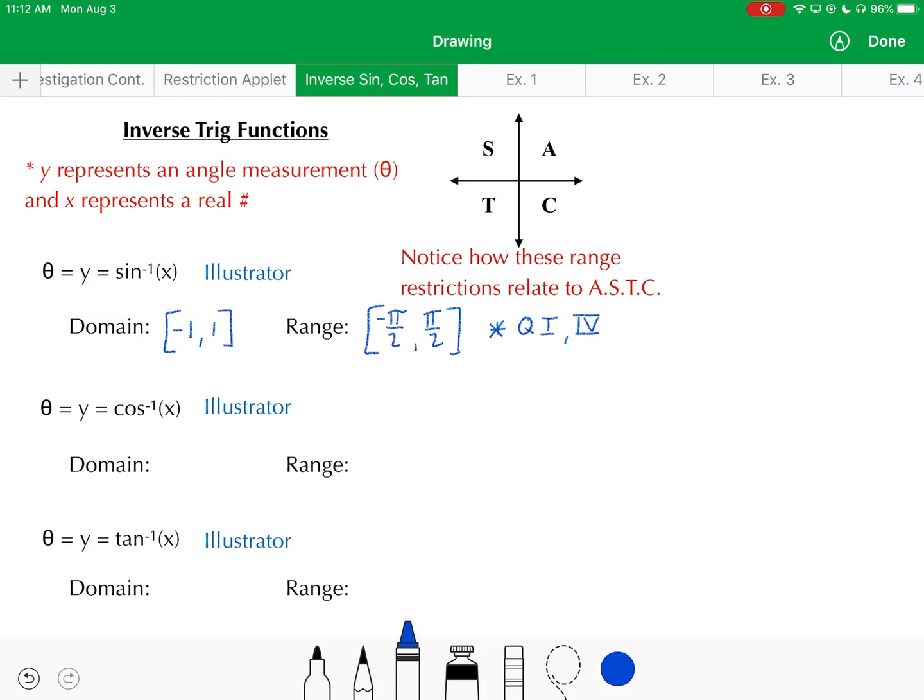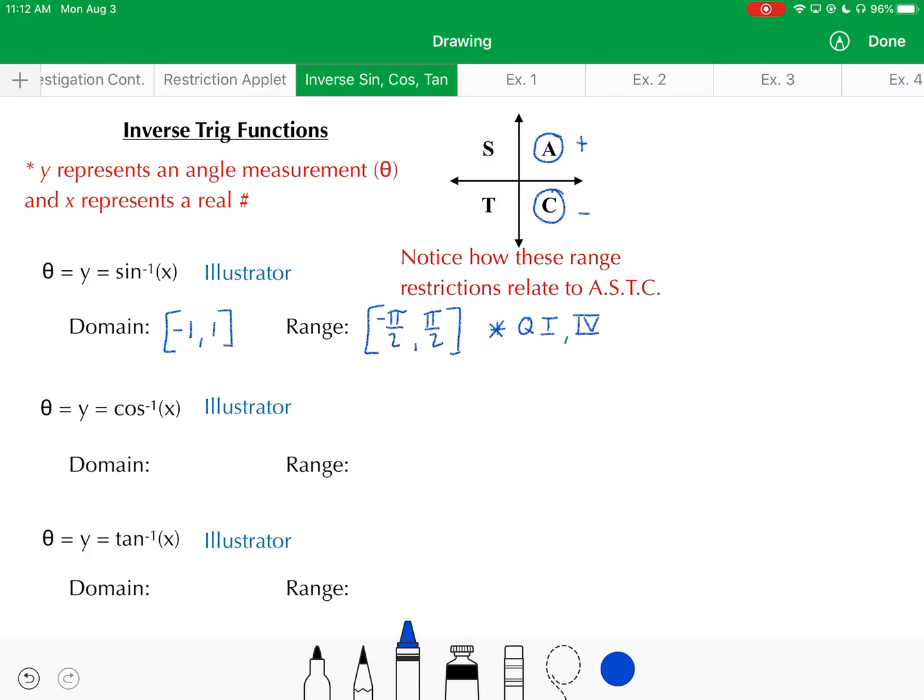So basically, we're allowing the outputs for this inverse function to be in this quadrant as well as this quadrant, okay? Now think about what that means for All Students Take Calculus, okay? The sine function in the first quadrant is positive, and in the fourth quadrant is negative.